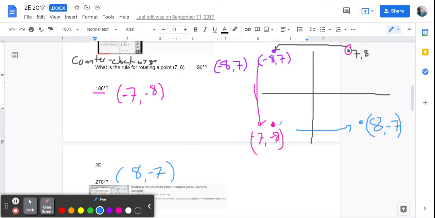When I rotate from quadrant 2 to 3, now I'm going to negative, negative. So hopefully we see a pattern here, how we rotate 90 degrees, 180 degrees, 270 degrees from our original point. And then of course if we rotate it back 360, we would end up right back there. Okay, so that's that.